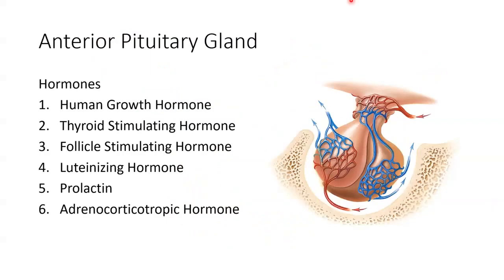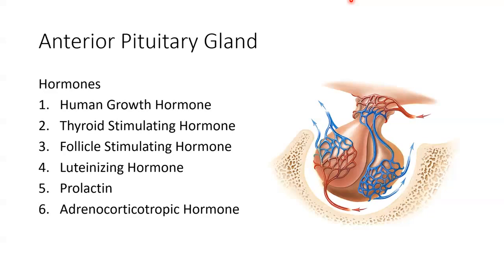But getting back to our list of our major endocrine glands, our first gland, as I've said, is our anterior pituitary gland. The anterior pituitary gland secretes hormones that regulate a really wide range of bodily functions. The release of hormones from this gland is stimulated by releasing hormones from the hypothalamus and then suppressed by inhibiting hormones also from the hypothalamus. Anterior pituitary hormones travel throughout the body in the blood to their target tissues.